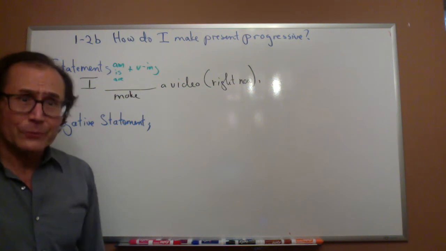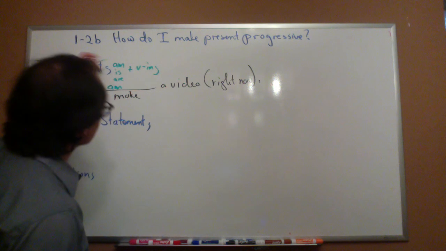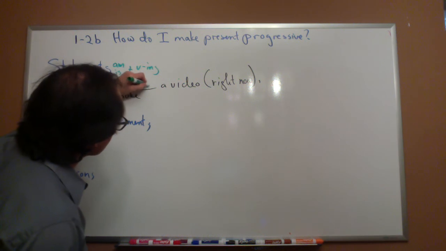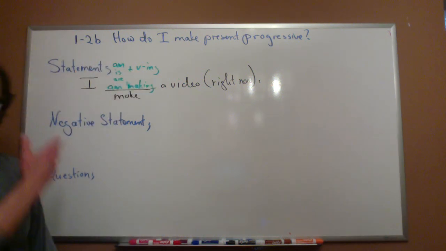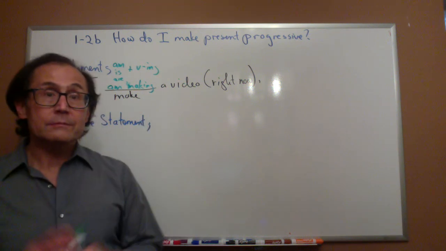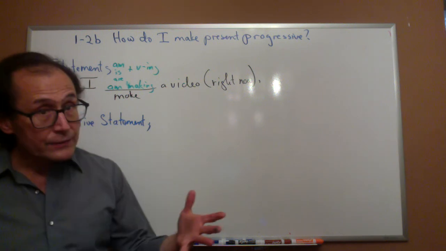I say I am, right? So I will say I am, and then I'll make verb ing. I am making a video. So for a statement, I'll use am, is, are plus verb ing. I am making a video.